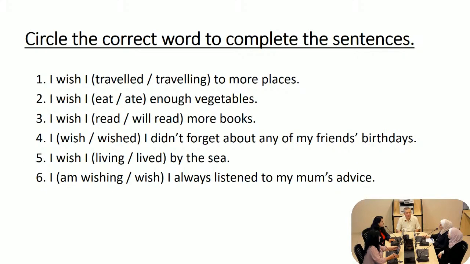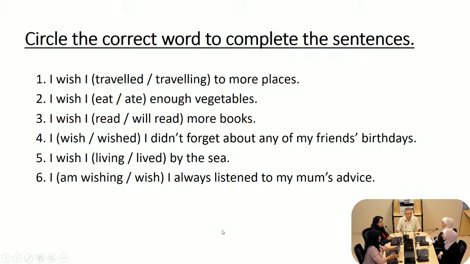Here we have some examples about using wish. The first one is, I wish I traveled or traveling to more places. After wish, of course, we use the past, so we choose traveled. I wish I eat or ate enough vegetables. I wish I ate. 3, I wish I read or will read more books. Of course, I wish I read.